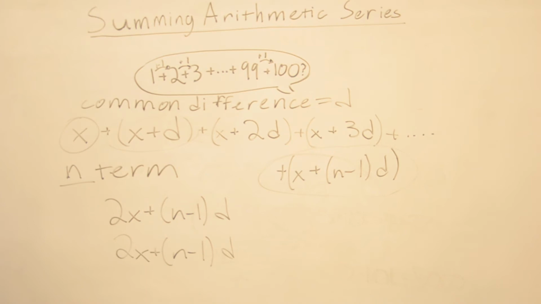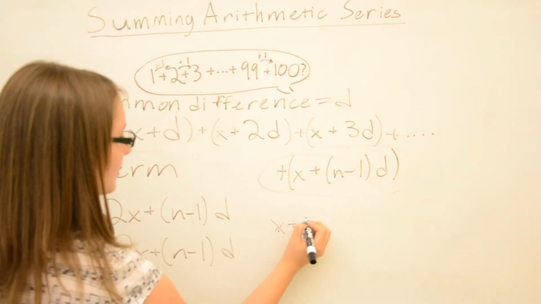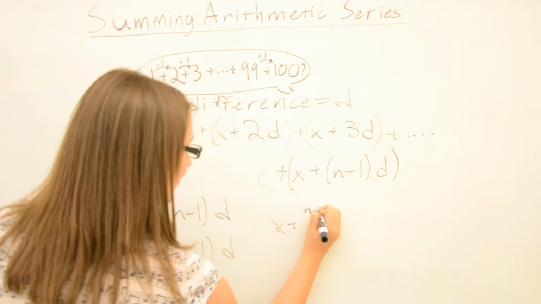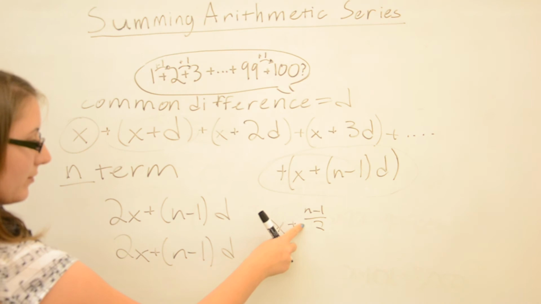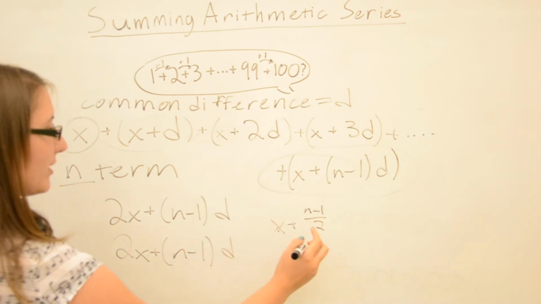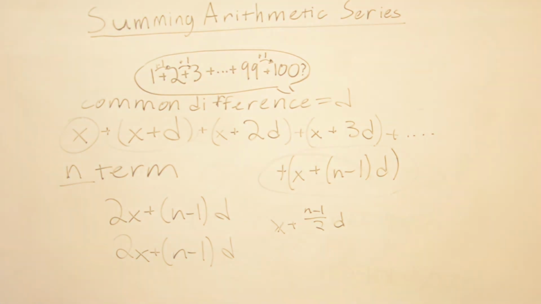Well, what will that thing be in the middle? There's going to be, of course, the x plus n minus 1 over 2 d, because if n is odd, to find the number in the middle, you subtract 1 and divide by 2. So that's the one in the middle. And as you can notice, this is half of what the pairs add up to.